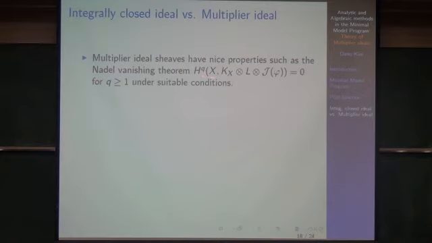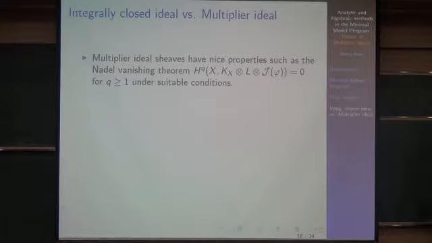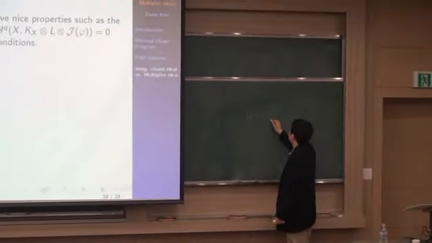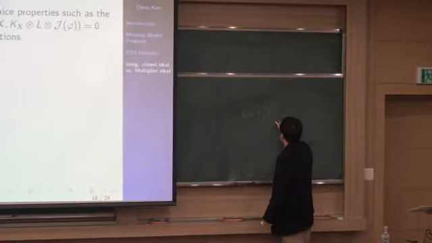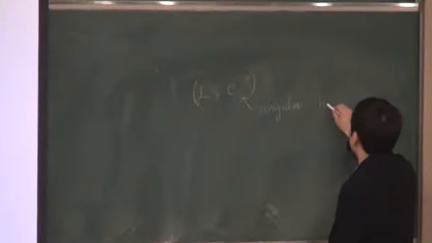And the suitable condition is that, so here I'm just writing exponential minus phi, which looks like a local function, but actually this is meant to be a singular Hermitian metric.